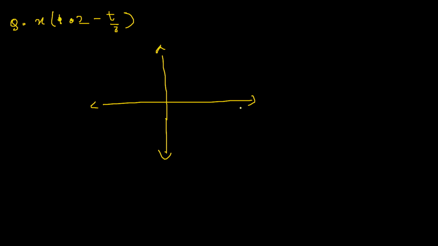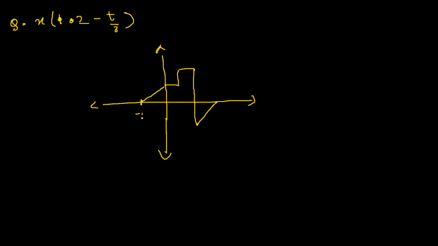Let's say our first question is x of (2 minus t by 3), and the graph for x of t in this case is as drawn.